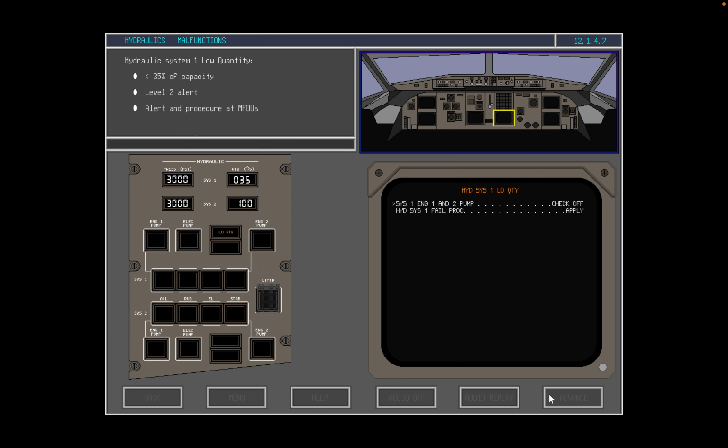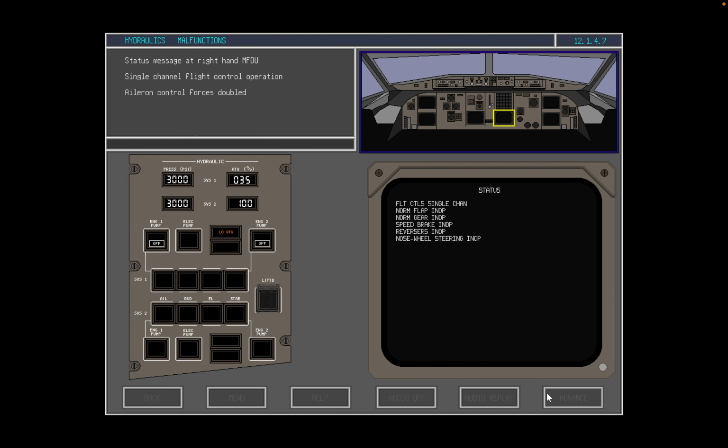After cancelling the master caution lights, follow the procedure displayed at the MFDU by switching off System 1 engine pumps 1 and 2. Switch off System 1, Engine 1 and 2 pumps. Hydraulic System 1 is now inoperative.